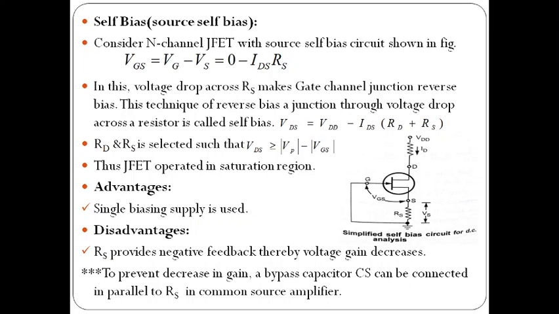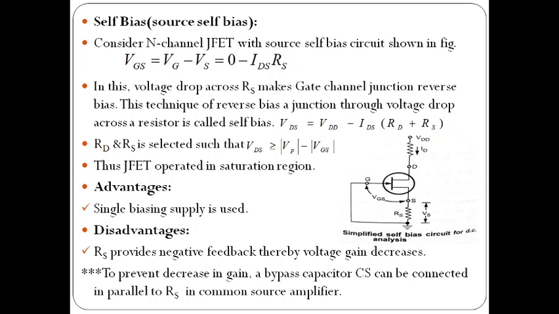So this source resistance RS will provide negative feedback in the circuit, thereby the voltage gain decreases. Why are we saying it is negative feedback? Because if IDS increases, VGS becomes more negative.